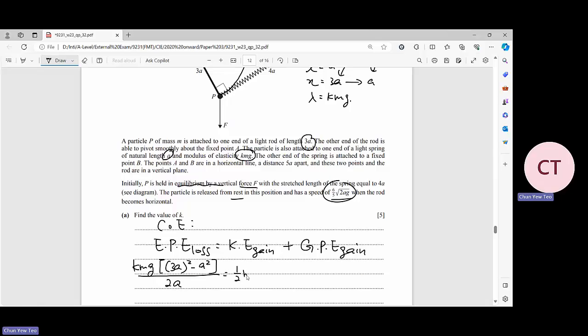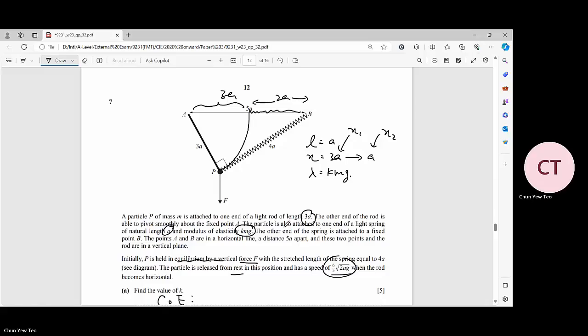KE gain is a half M. Your speed at the beginning is at rest. Then at the end, it will be 6/5 of the square root of 2 ag, squared minus 0 squared, plus the mgh.